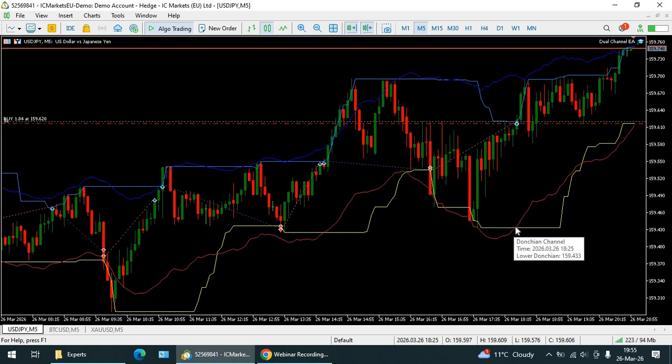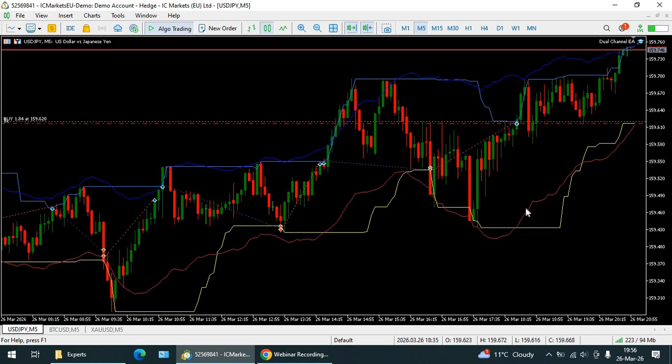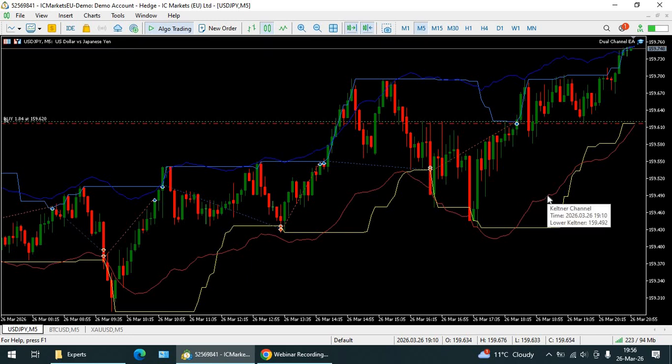The trail stop will always use the best level band. So in our case you can see this band which belongs to the Keltner channels.